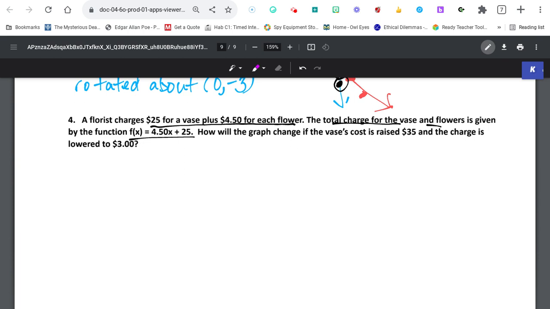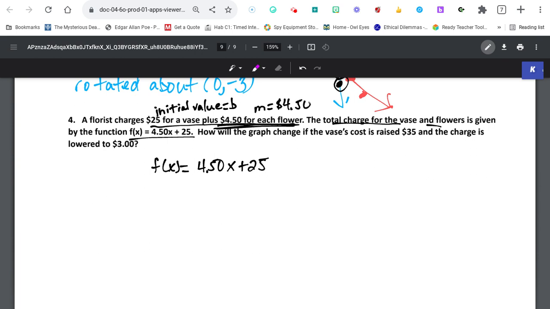Of course, that's just the same as y equals 4.50x plus 25. 25 is our initial value, or our initial charge, so that 25 is equal to b. $4.50 for each flower is a rate statement, so that's your slope. That's just how they set it up in y equals mx plus b form. Or you can say 4.50 times x plus 25 will give you the total charge.